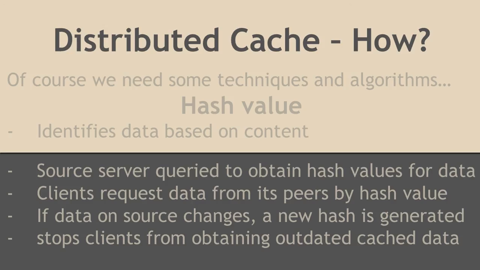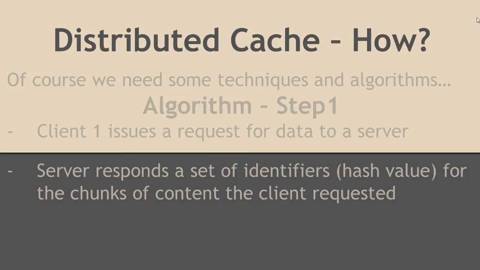Here is a more detailed description of our algorithm. A client who wants to get data, let's call it client 1, will first issue a request for data to a server, and our server will respond with a set of identifiers, meaning hash values, for the chunk of content the client requested.